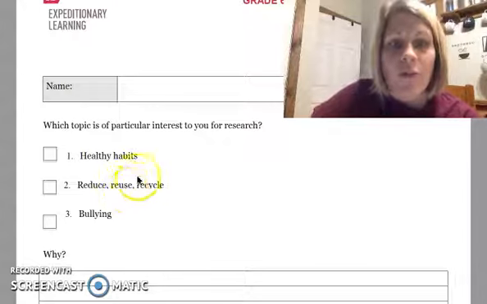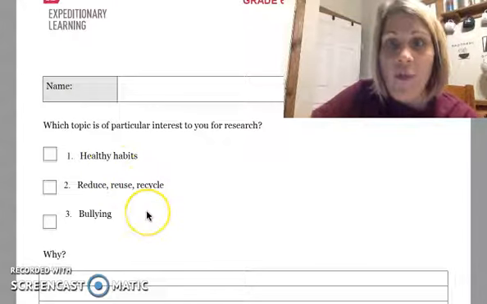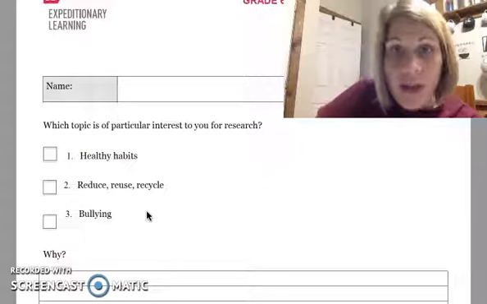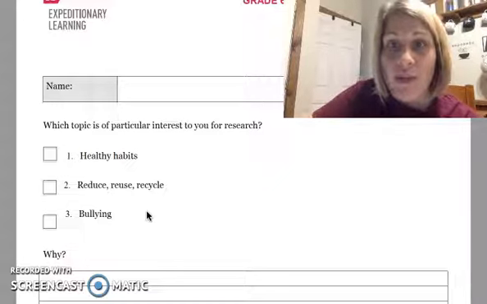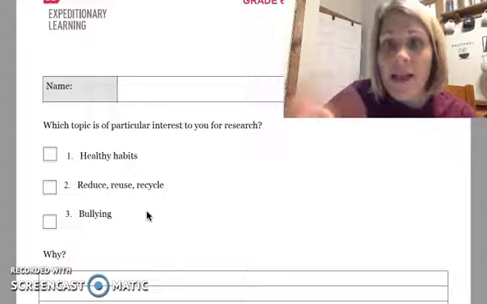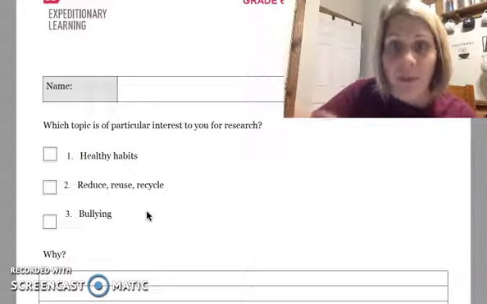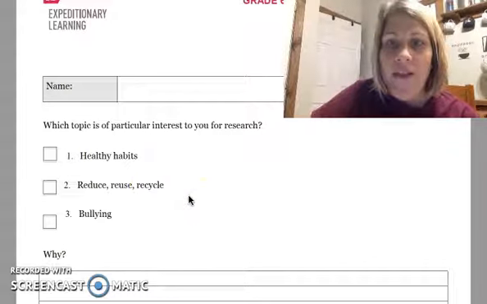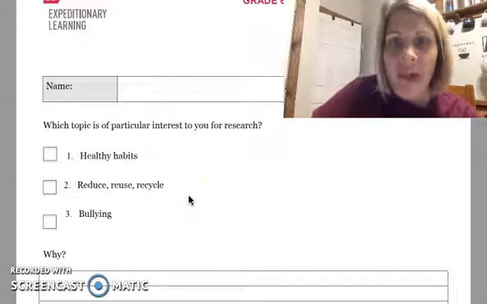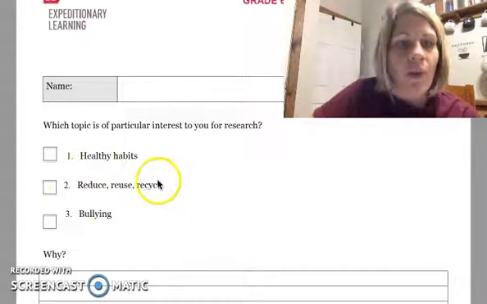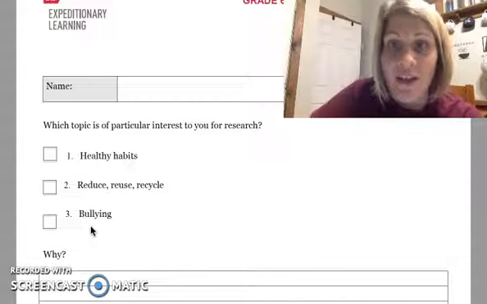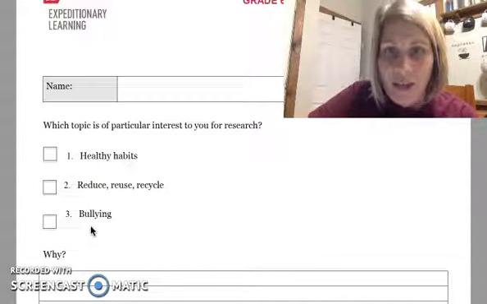We need to reuse things over and over again, like you might reuse your towels at home before you wash them, or reuse a paper cup or a plastic cup by rinsing it out a few times before you throw it away. And then recycle things that you're ready to get rid of that can be recycled. So you could learn more about that. Or finally, bullying. You already know what bullying is. If you want to explore that and a rule to live by with that, then you can do that choice.